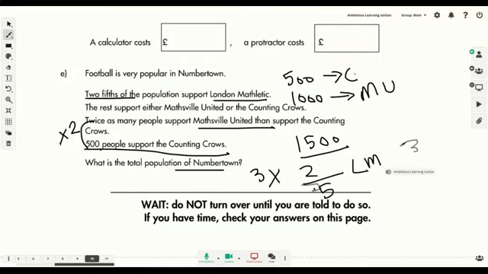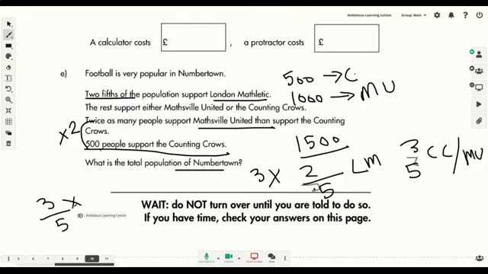And out of that, 3/5 support either CC or MV. So 3/5 of the population is the 1,500 that we have combined here.